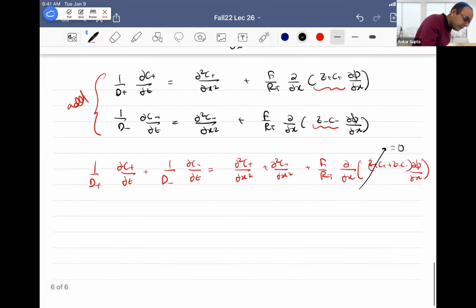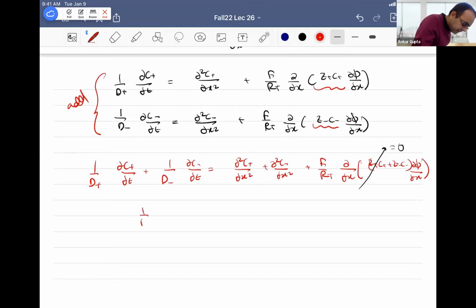Or I simply get (1/D+) ∂C+/∂t + (1/D−) ∂C−/∂t equal to ∂²C+/∂x².